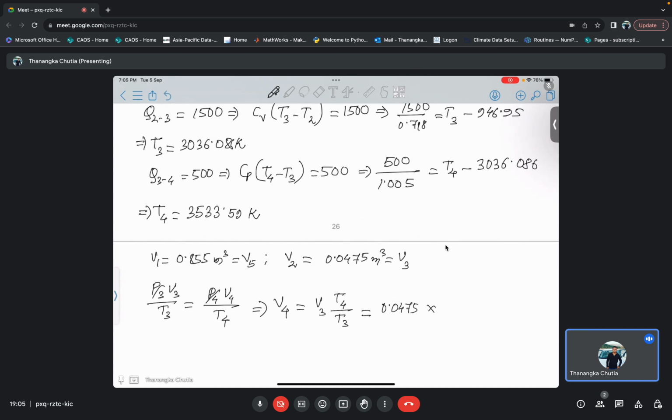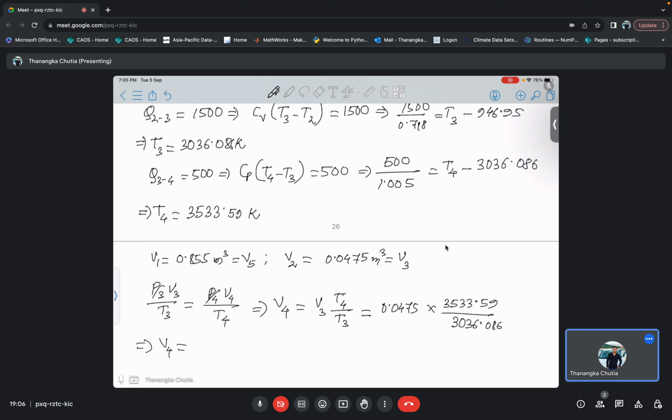So what is V3? 0.0475. Now T4 and T3 are changed. T4 is 3533.59 and T3 is 3036.086. Okay, so from here V4 is equal to 0.0475 into 3533.59 divided by 3036.086.